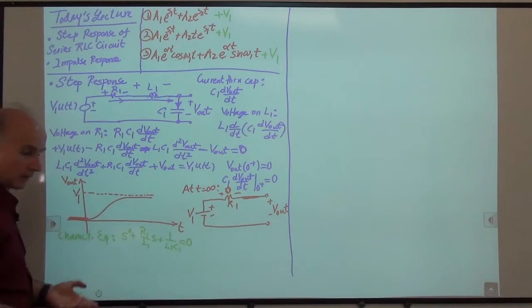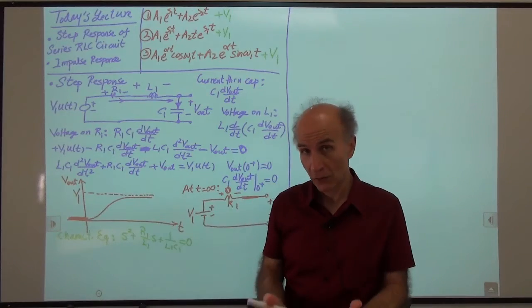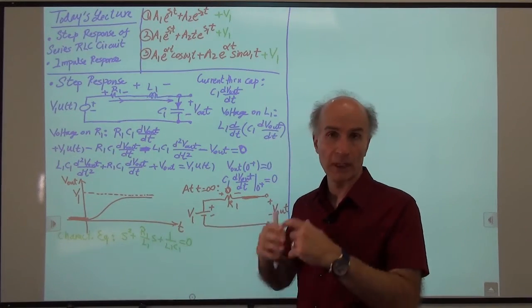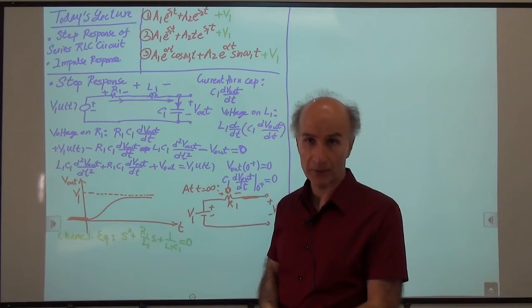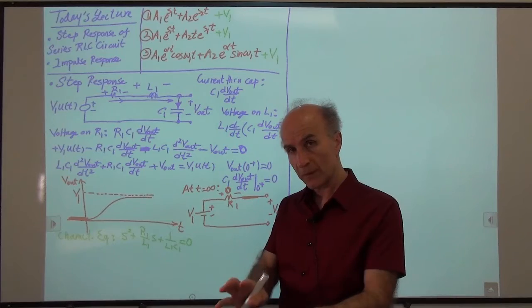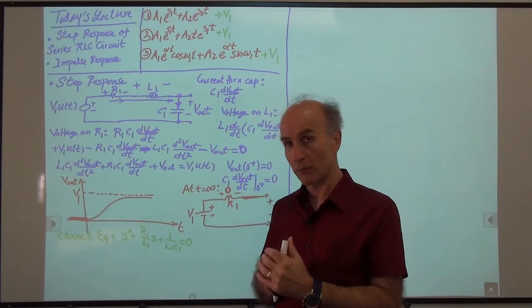You can see that this characteristic equation, of course, is the same as what we had for the natural response. So the two roots of this will follow everything we said for the natural response, right? Depending on what the value of R1 is with respect to 1/2 of square root of L1 over C1.